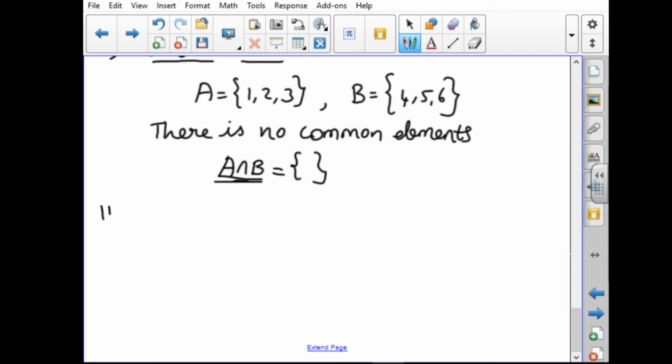Then next one, power set. Power set means the set of all subsets. Set of all subsets is called power set.